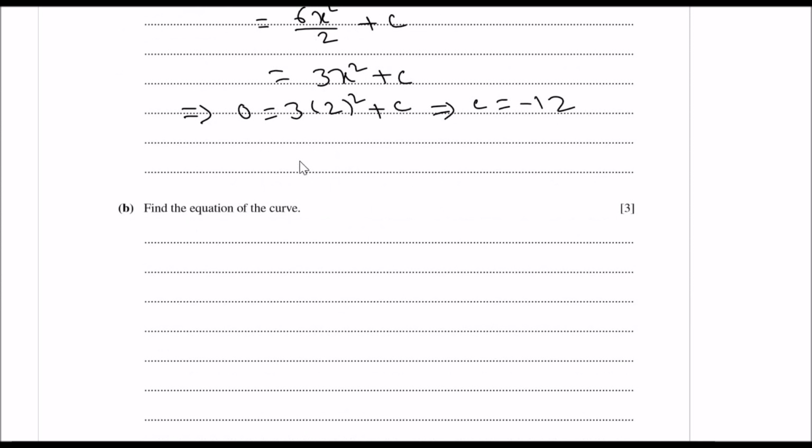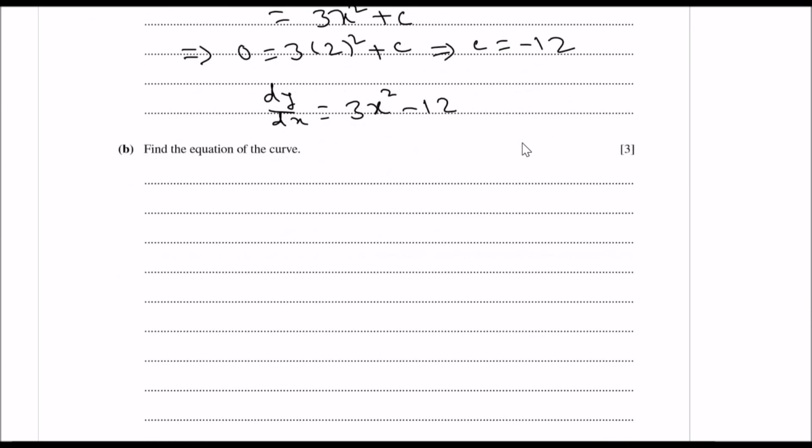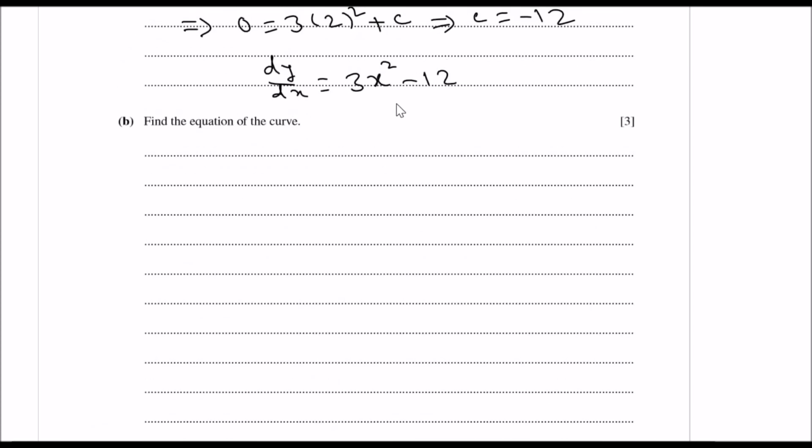So we got dy/dx = 3x² − 12. Now they are asking us to find the equation of the curve. Equation of the curve means where we have dy/dx, we need to integrate this function, and then we will be able to find the equation of the curve.